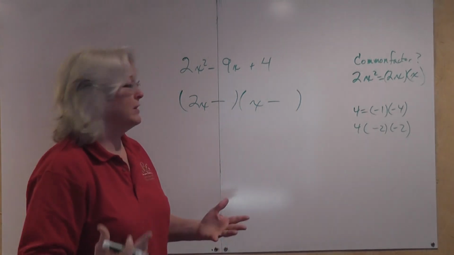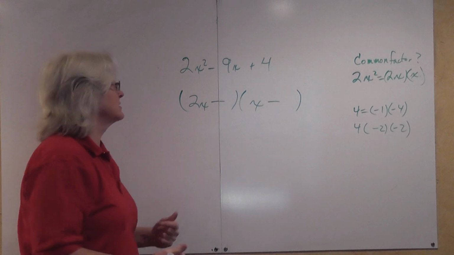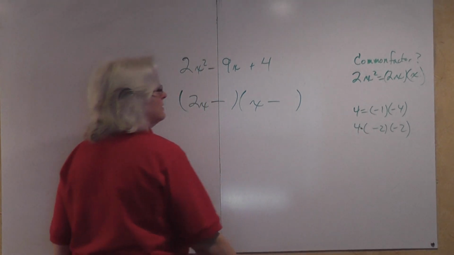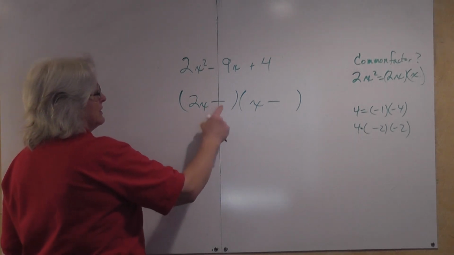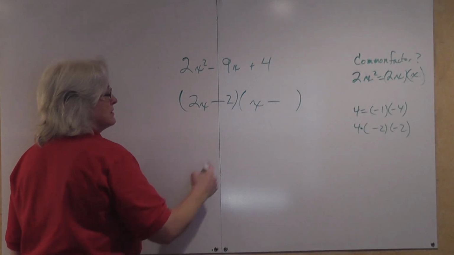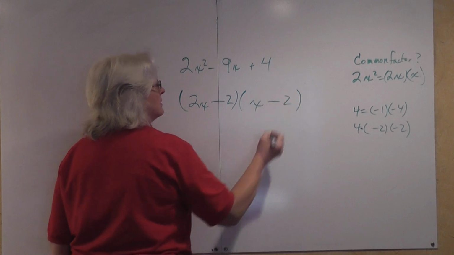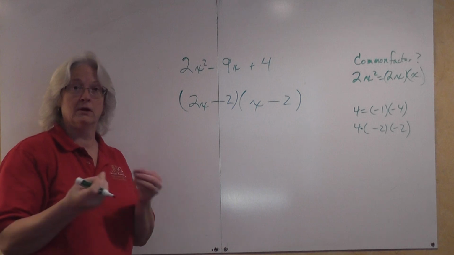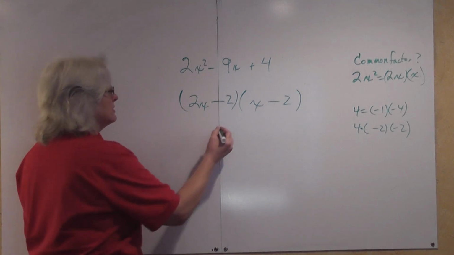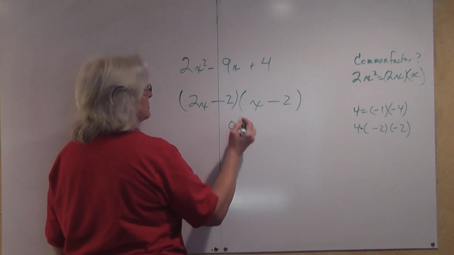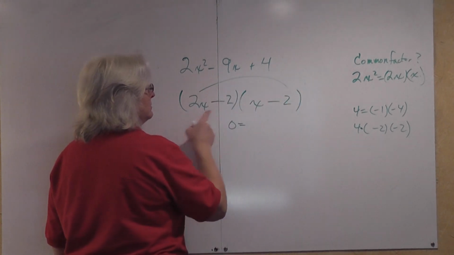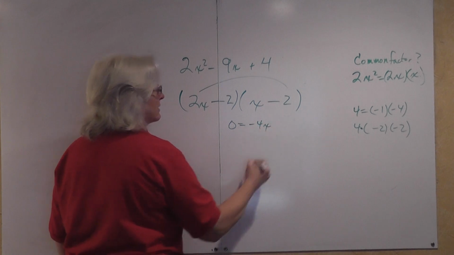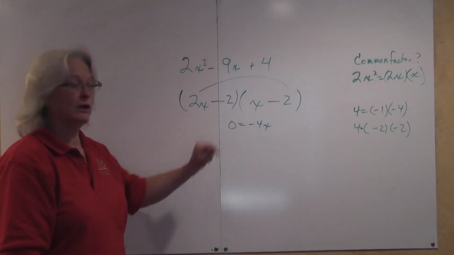So, let's go ahead and do our trial and error and see what happens. Let's begin with this. So we're going to have 2x, a -2, an x, and a -2. What do we want to do now? Let's see what our outer product is. Our outer product is 2x times the -2, -4x. What's our inner product?